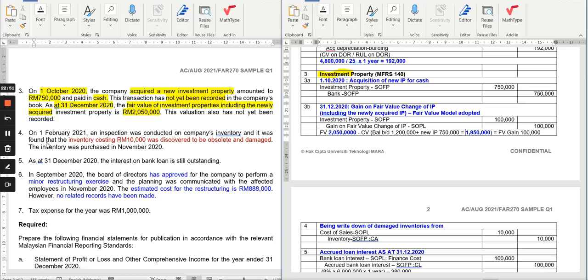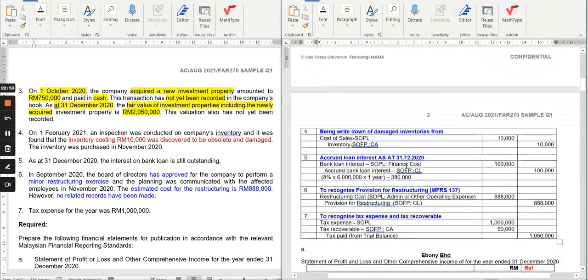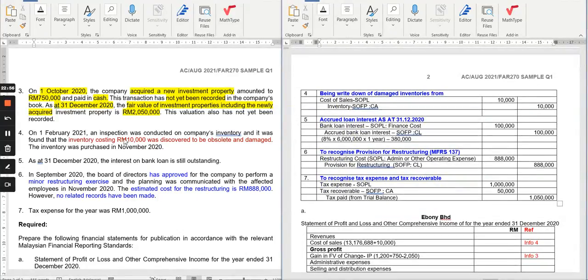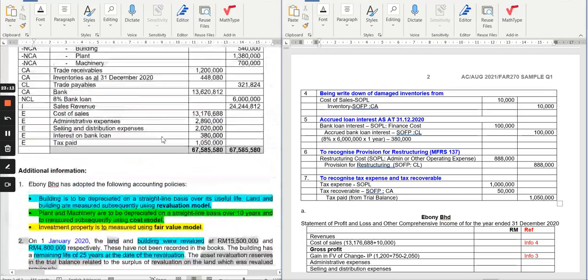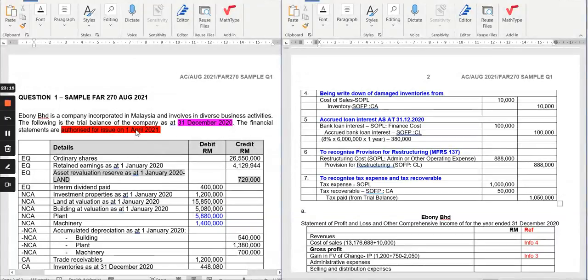So now we go to number 4. This is easy. Number 4 is just information on inventory that has been obsolete and damaged, and you need to go and write off. And that happened to be the one that was discovered on 1st of February 2021. So this is before the authorization date. Remember, authorization date was 1st of April.